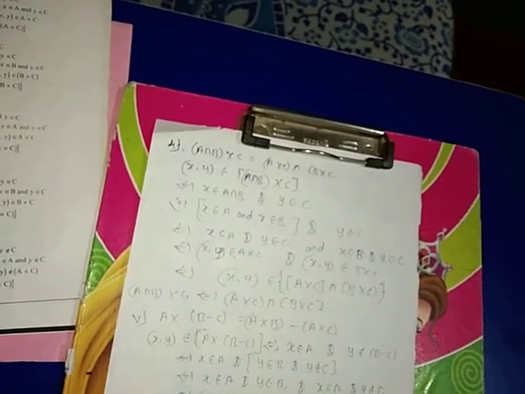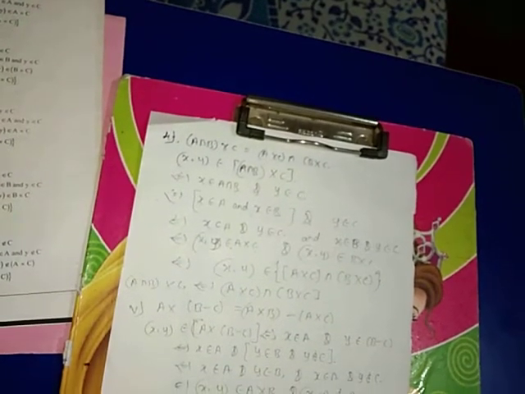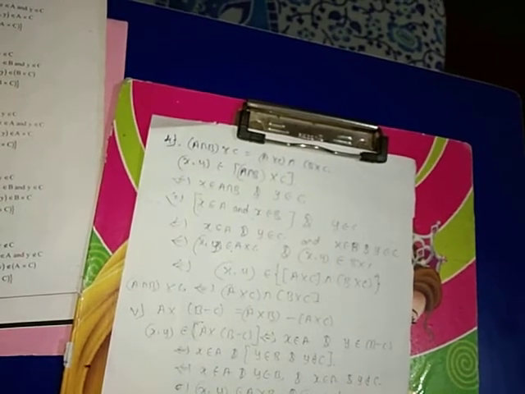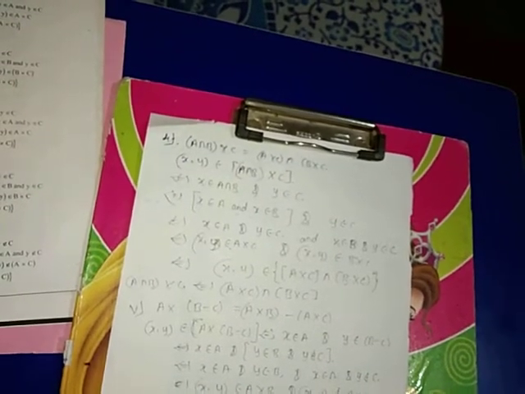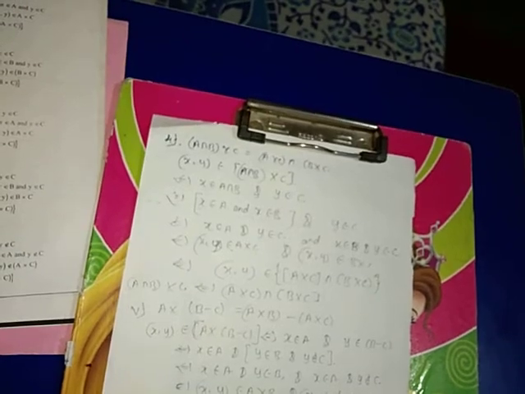Entirely this is considered as A, this is considered as B. A minus B means x belongs to A and x does not belong to B. The same applies to this one.